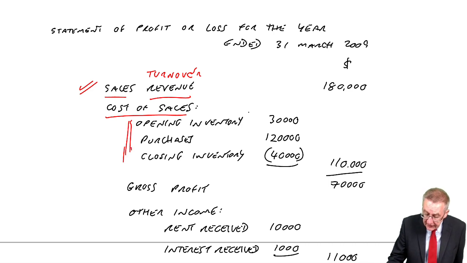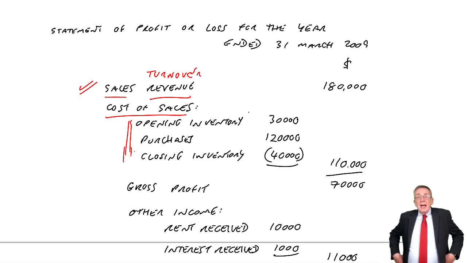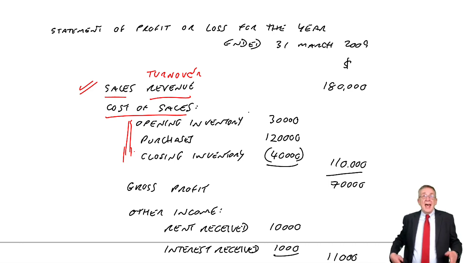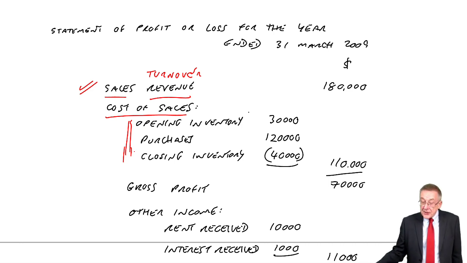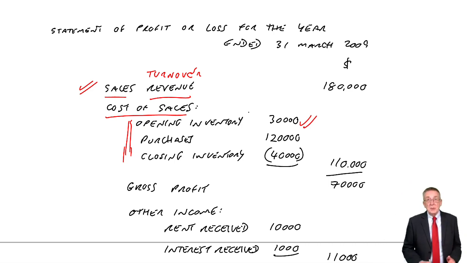And this might look a bit funny, but I'll try and explain, and again, there's a whole chapter on dealing with this later on. Now, the point is, at the start of the year, I may have already had some inventory. Perhaps I buy and sell desks. So I started the year with 30,000 in the warehouse that I was hoping to sell.